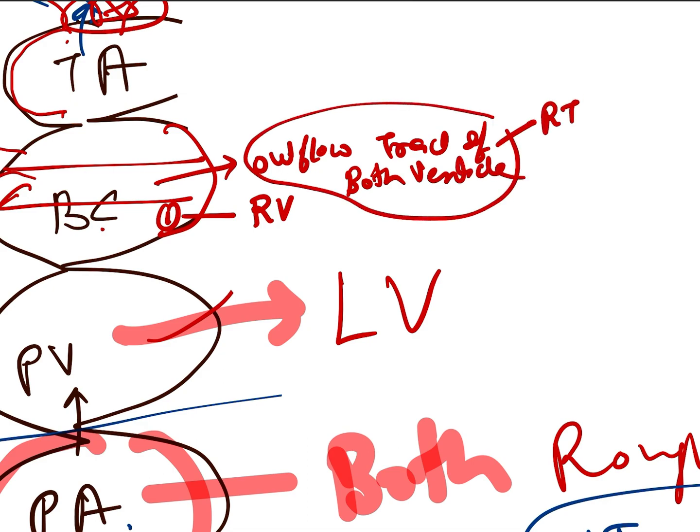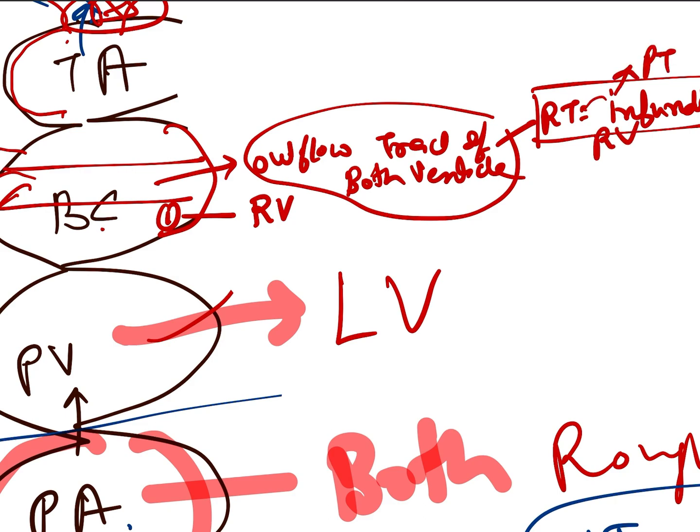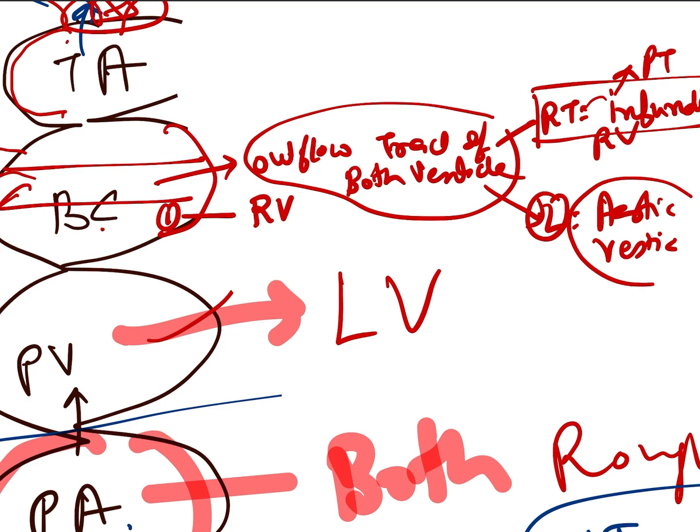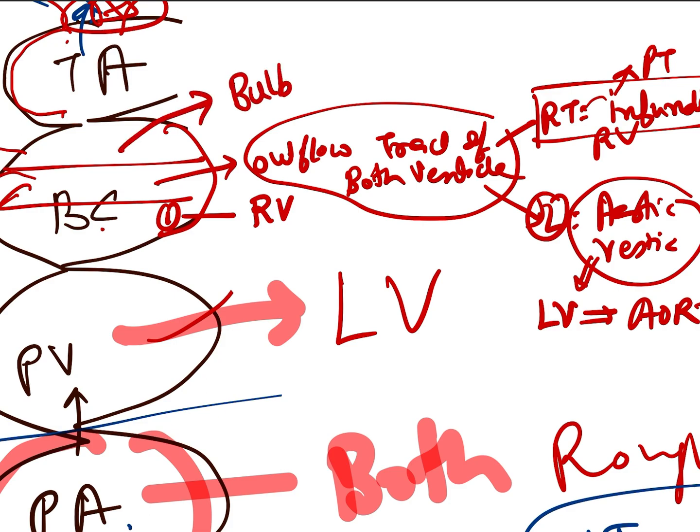On the right side, this will form the infundibulum, meaning it will connect the pulmonary trunk to the right ventricle, while on the left side it will form the aortic vestibule. This aortic vestibule will connect the left ventricle to the aorta, and the distal most part forms bulbar ridges.